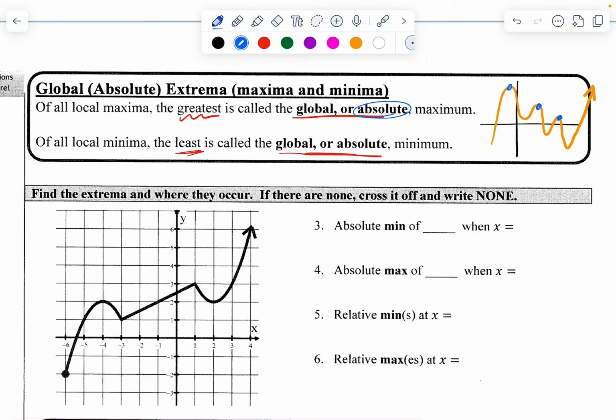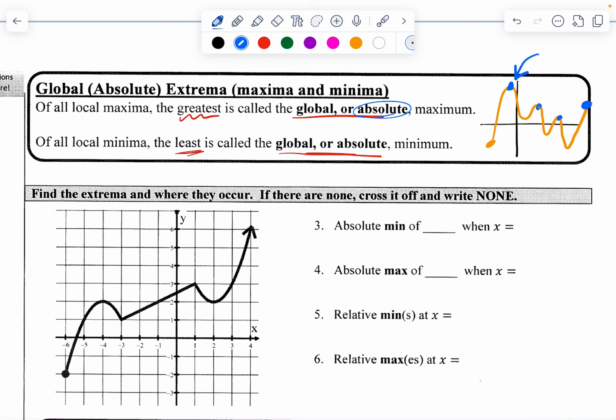Let's take this off real quick. No arrows here. Let's put a dot here. Let's put a dot here. So our greatest maximum, actually this is a maximum as well. Our greatest maximum is going to be this one because it's the highest out of all of the maximums.